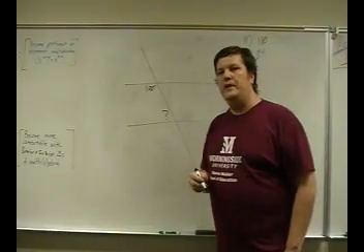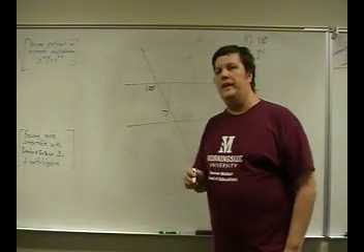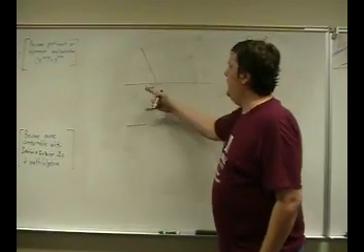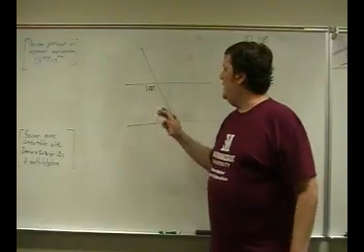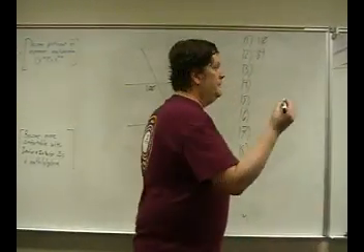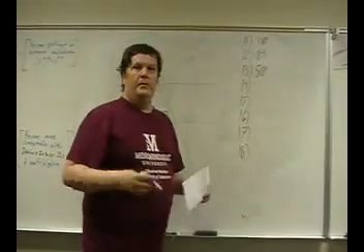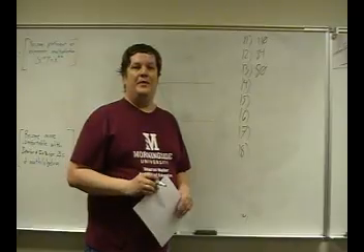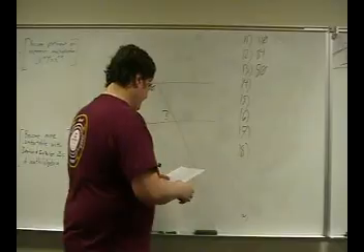The thing that we know about consecutive interior angles is that they add up to 180. If these are parallel lines, then this plus this equals 180. Because I've got 100, that means that has to be 80. We did a bunch of these with the worksheet, so hopefully I'm not flying too quickly through this.